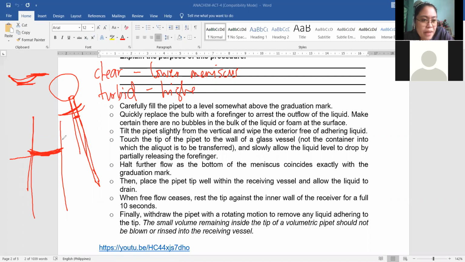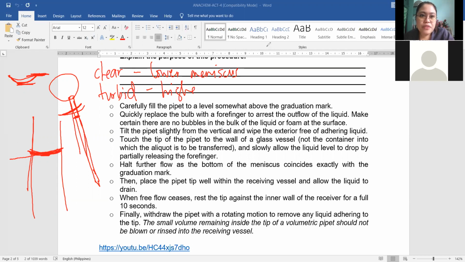And then, if na-make sure na natin na nasa tamang mark na yung natirang liquid sa loob, that's the time that we will transfer the liquid to the receiving flask. Kung saan man natin siya gustong ilagay, whether it's an Erlenmeyer flask or a beaker, kung saan tayo mag-conduct ng ating experiment. Okay? So, i-drain lang natin siya by removing our forefinger.